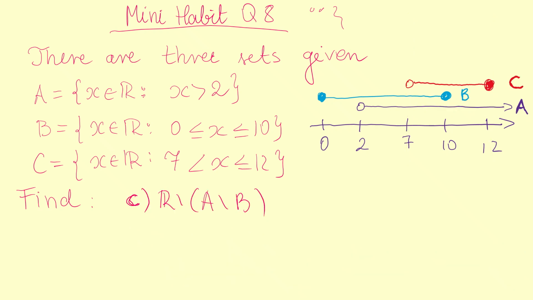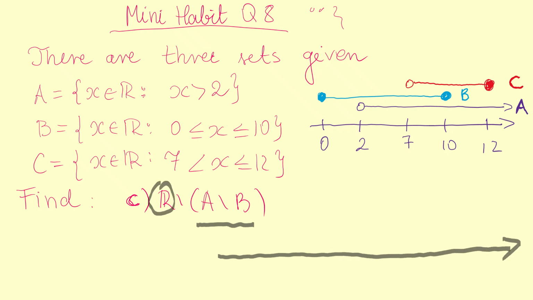Okay, let's start with representing this set on the number line. R in here is the whole number line, so this is our number line. Now A minus B. You can see A is here. I need to take away B from A. So what is left?